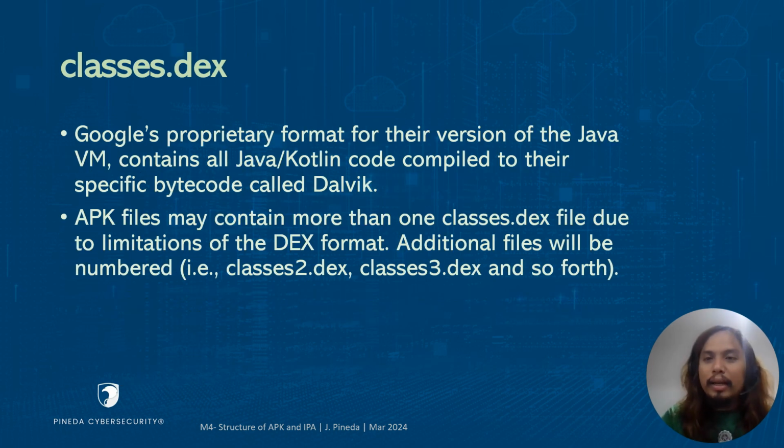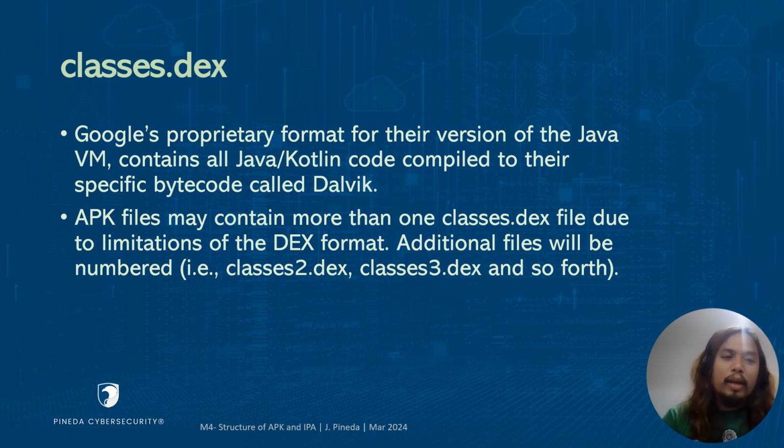The next would be the classes.dex. This dex file is Google's proprietary format for their version of the Java VM, which contains all Java or Kotlin code compiled to their specific bytecode called Dalvik.